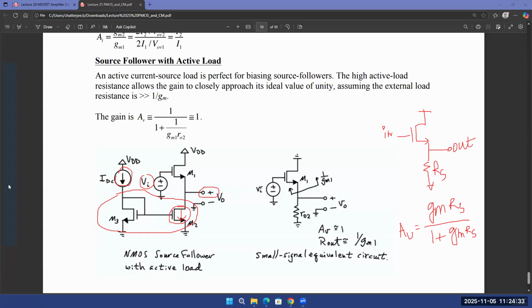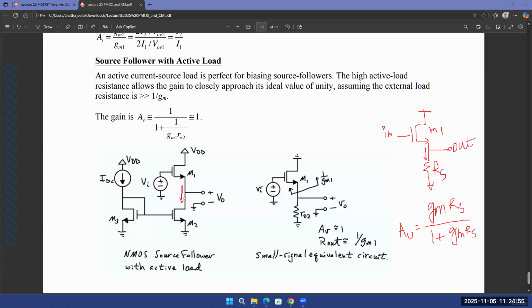What is RS in this case? RS will be the resistance that you see looking down from the source terminal of M1. RS is the resistance that you see looking down from the source terminal of transistor M1, and that is this RS resistance.